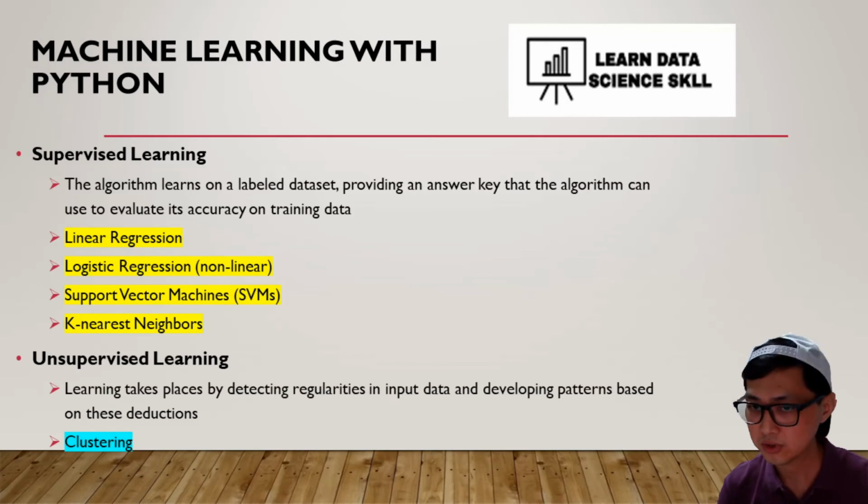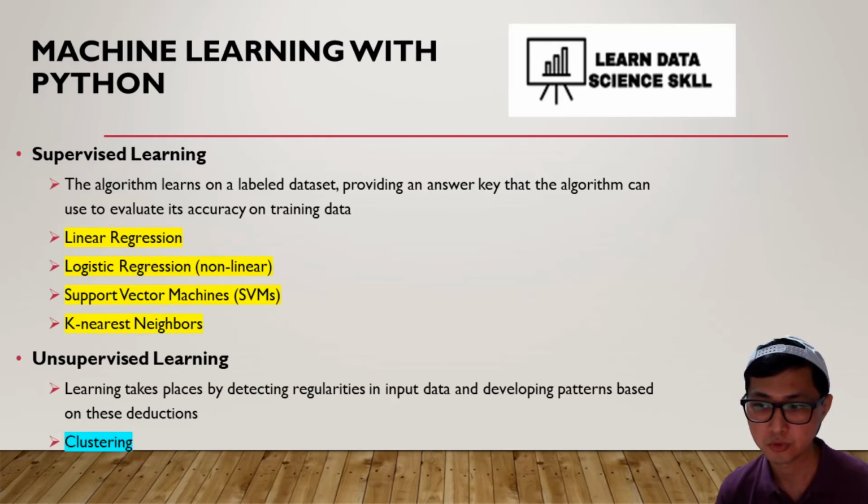After that, if you provide another set of questions to the machine, it will make a prediction or give you an answer based on what it has learned before. In supervised learning, we are going to learn linear regression. We will also learn logistic regression, support vector machines, and k-nearest neighbors.